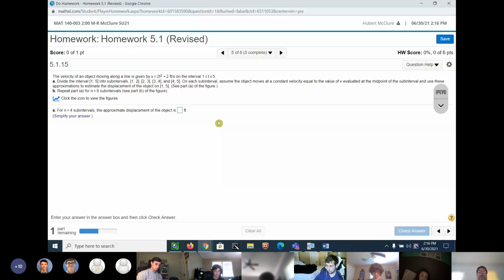That means it goes from 1 to 5. A is divided into 4 intervals and B is divided into 8 intervals. Find the area. Okay, and here is the graph.